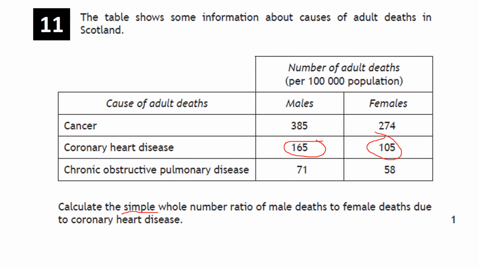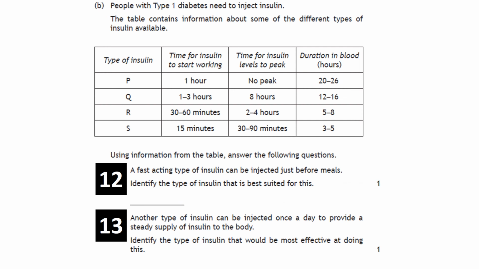So coronary heart disease, we're focusing on this, and it is male to female. So it's 165 to 105, and then you can simplify that, and that gives you 11 to 7. So that is if you divide both sides by 15, isn't it?